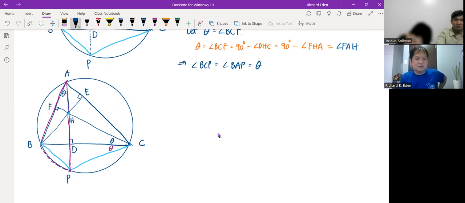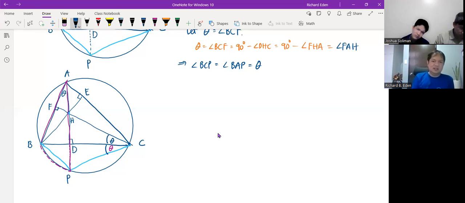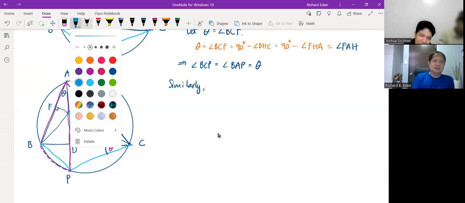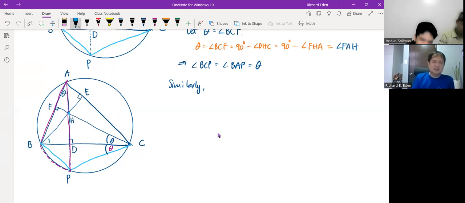All right, so we were able to show that this angle and this angle are congruent. Similarly, there is another. Actually, we can already prove, po, that PDC is already congruent to DHC. So PDC is congruent to DHC.